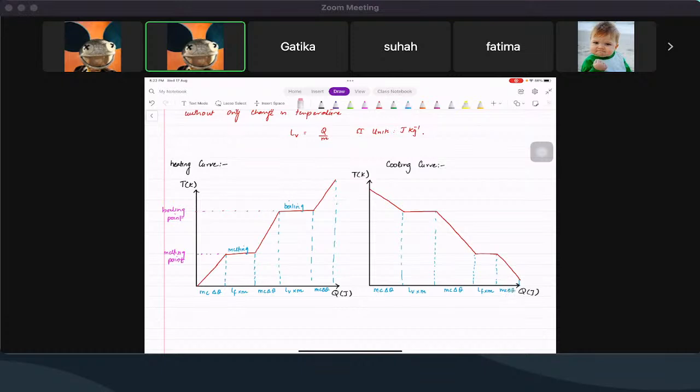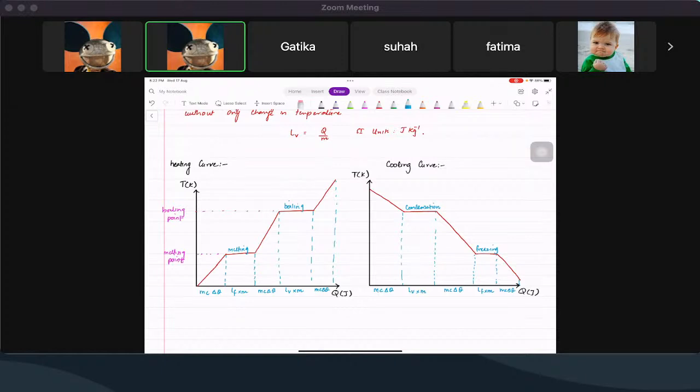So here you have condensation happening because gas is going to liquid, and here freezing is happening. Any questions? No, sir. So now whenever a question comes, you can see what we basically require.